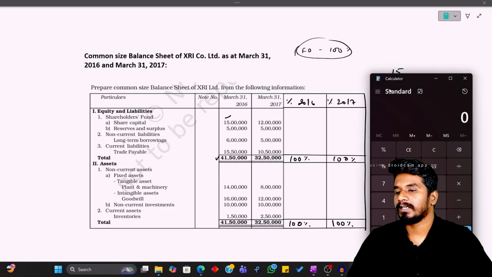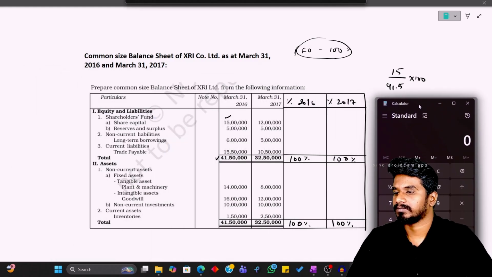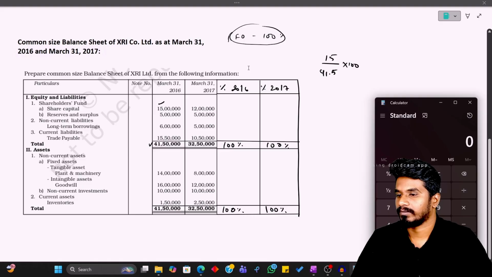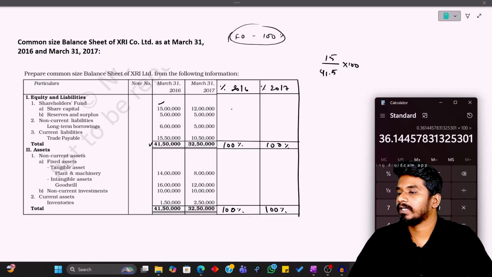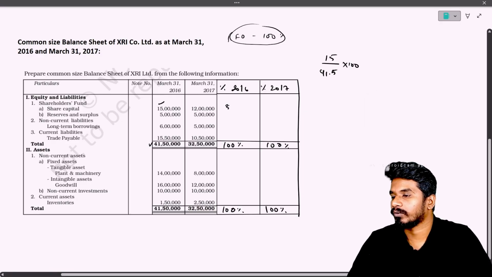So let me calculate it. 15 lakhs divided by 41.5 into 100. If you do that, you will get the percentage, which is 36.14.